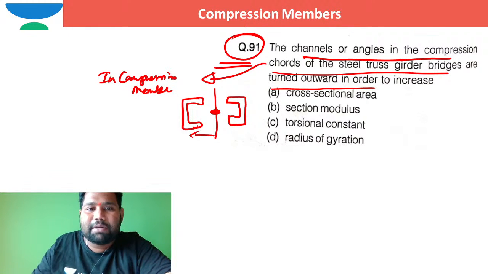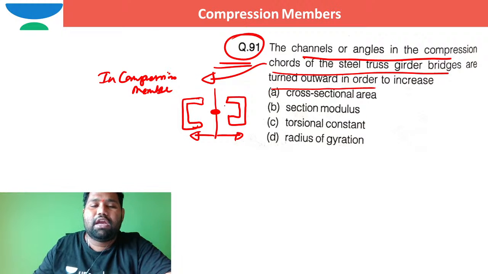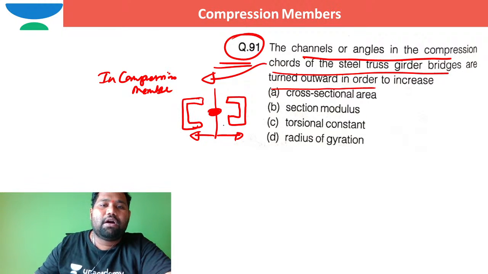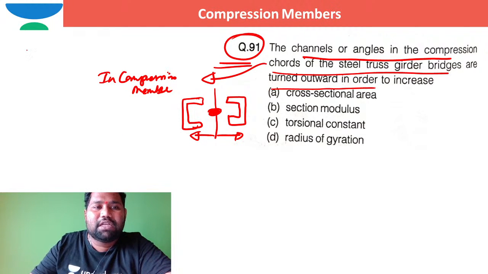Why are these kept away from the CG of the built-up section? Because in compression members, to increase fcd, the design compressive stress, lambda must be decreased.